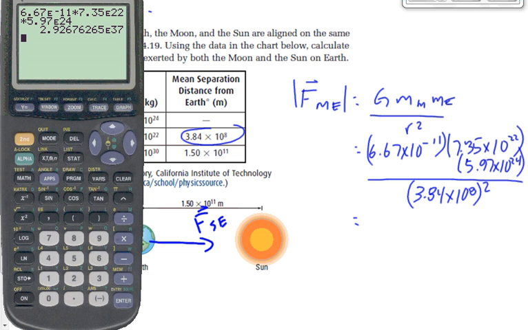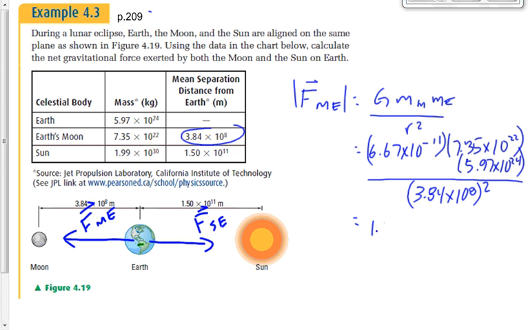Let's divide that by the bottom number. Let's use some brackets here. 3.84 times 10 to the 8. Let's square that. 1.9848 times 10 to the 20. That's a big force, right? But you've got to figure, in order to keep the Moon in orbit around the Earth, it's going to take a big force.